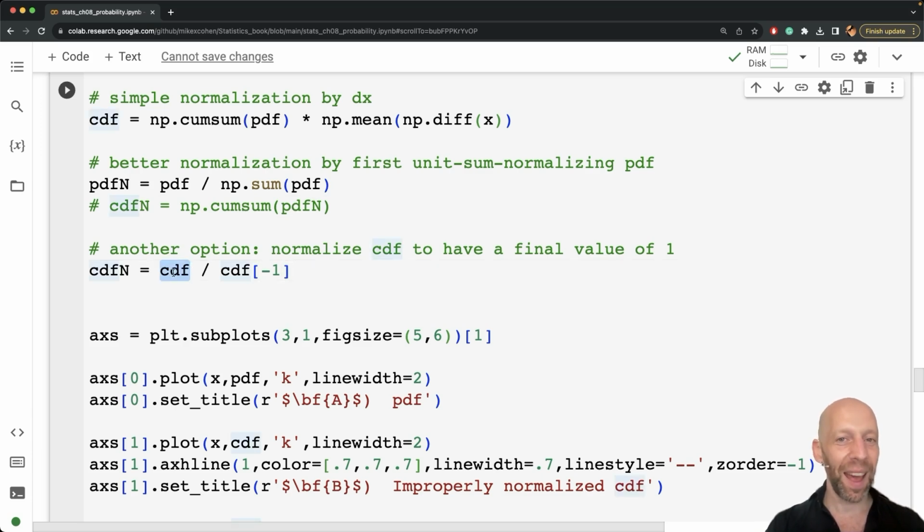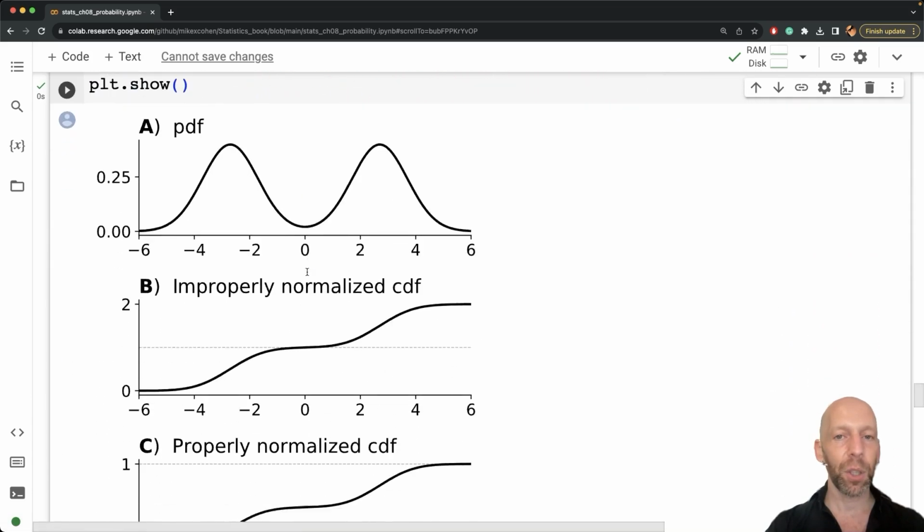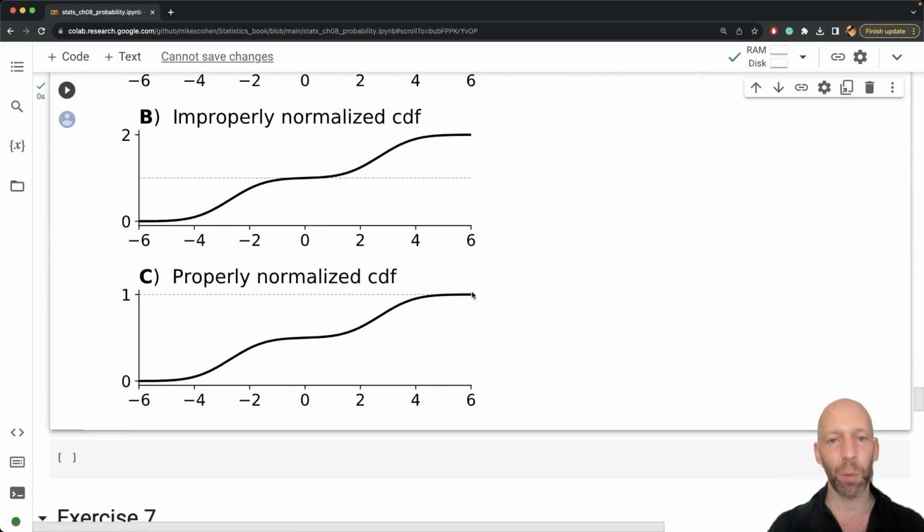Here we know that at this point in the code, this is not going to be a properly normalized CDF, as we see in the plot. So what I'm doing here is just dividing by the final value of the CDF. This forces the last element in the CDF to trivially have a value of 1, which is another way of normalizing a CDF to ensure that the final value is 1.